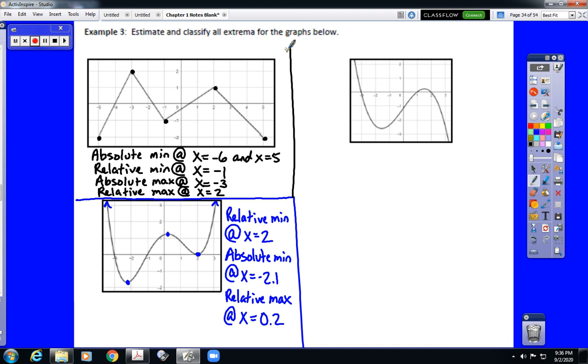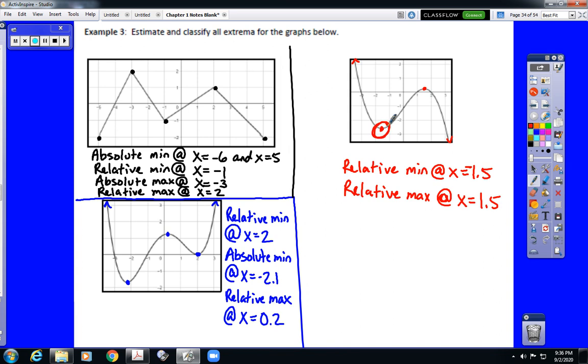Okay, our final example here I will do in red. Okay, again, it's going off in both directions, which means we only have two extreme values. We have a relative minimum at x is about negative 1.5, and we have a relative maximum at x is about positive 1.5.